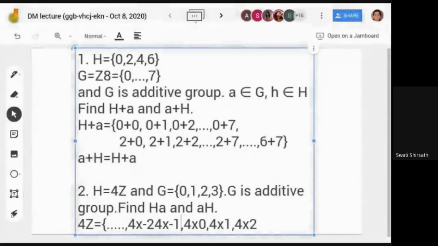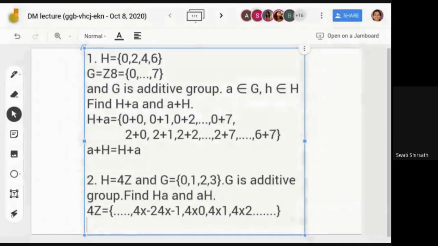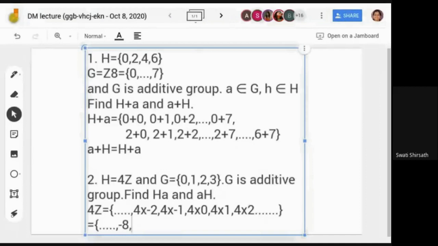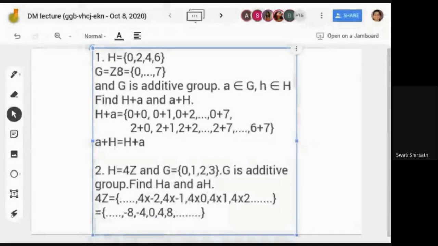So your 4Z is like this. Let me reduce it a bit: dot dot dot, minus 8, minus 4, 0, 4, 8, something like that. So it's simple.